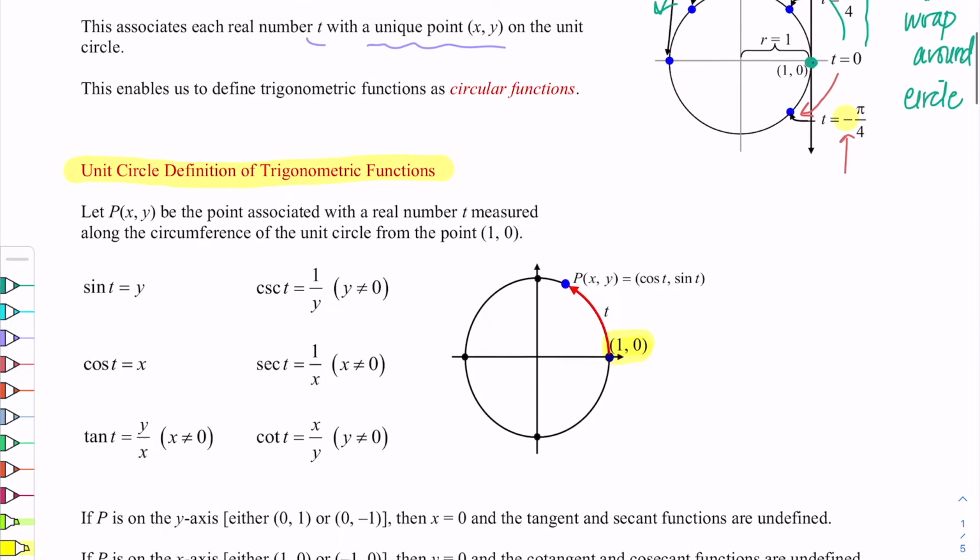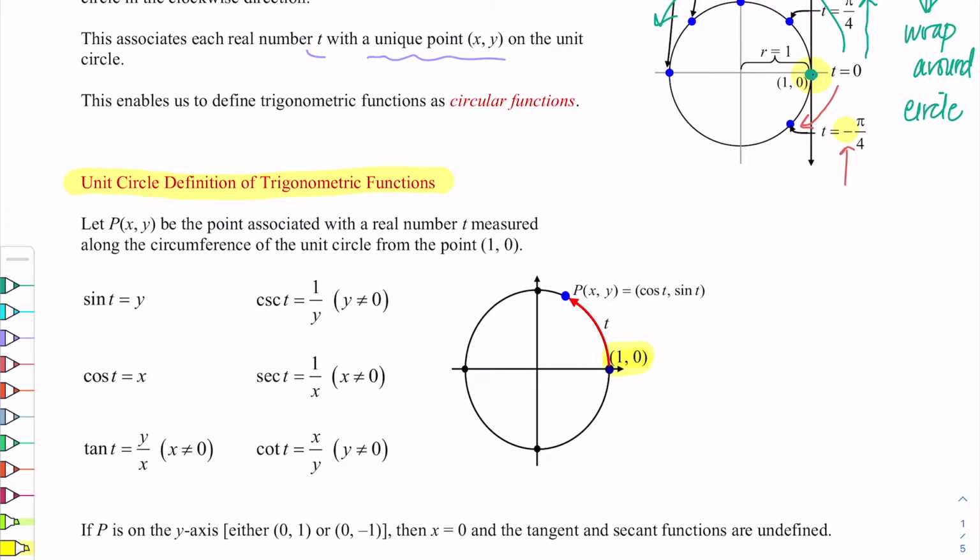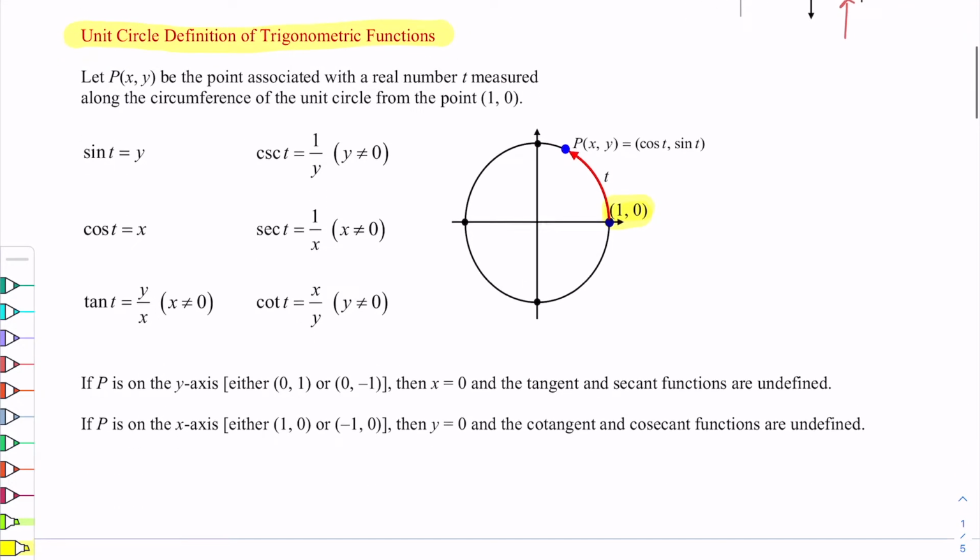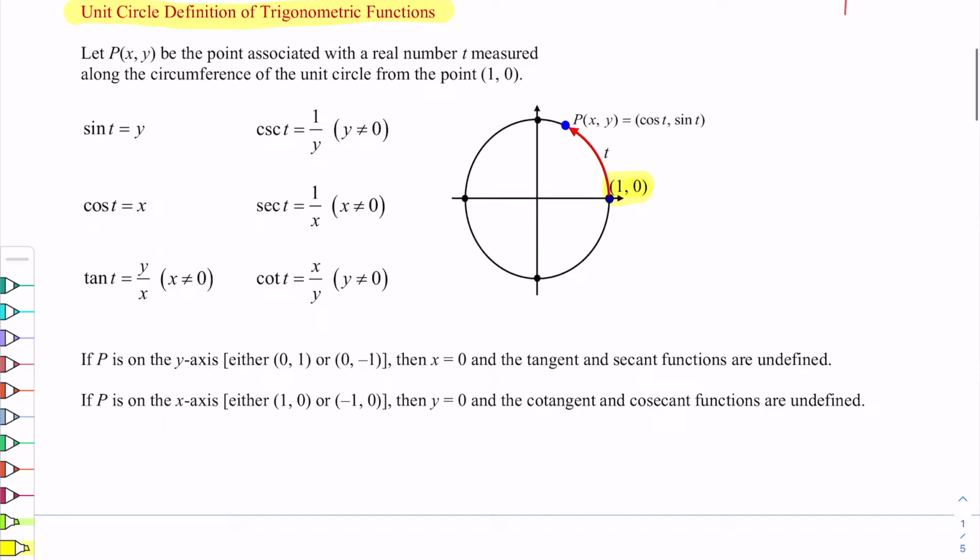That is where this line that we wrap around begins. Okay, so of course we know that the sine of t is going to be a y value and the cosine of t is going to be an x value. And the tangent is going to be y over x. Now, where does this come from?